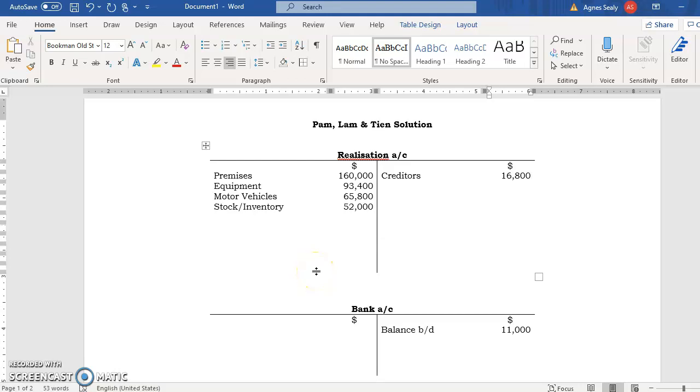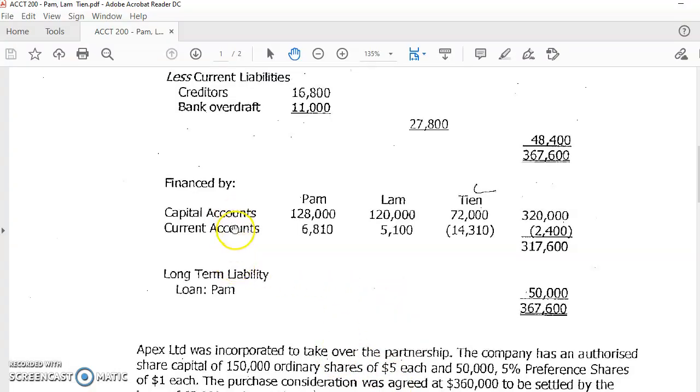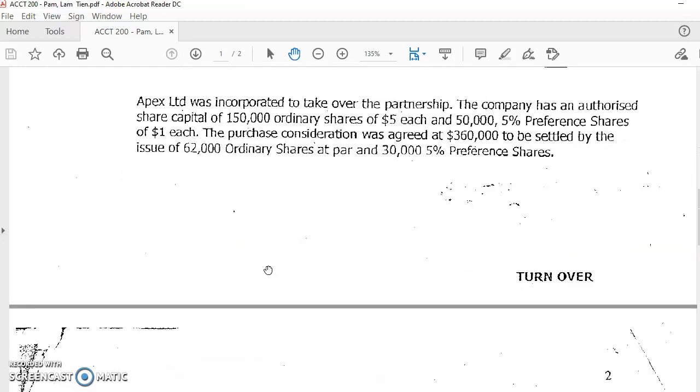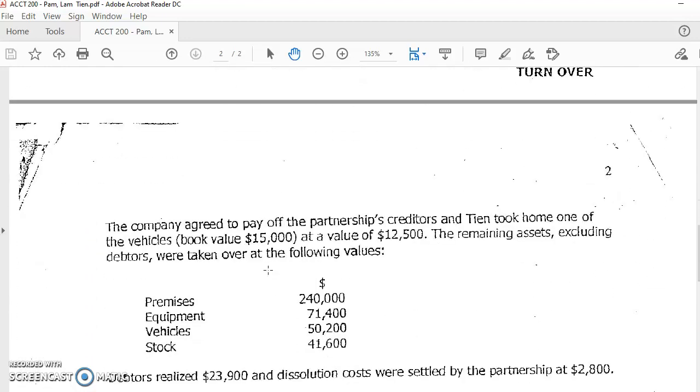So let's look and see what the partners took and who took any assets. We have in our question, it says Tien took home one of the motor vehicles.